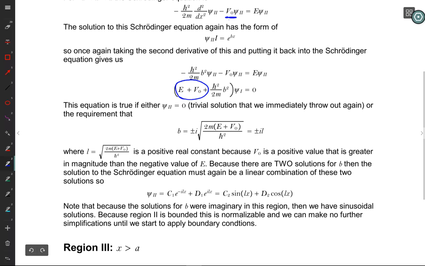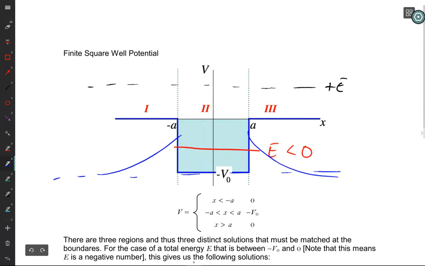This here, V0 was a positive number because I said I'm at energy minus V0. That comes back to, I define this potential as minus V0. So V0 is a positive value and the potential energy V is minus V0. So V0 is a positive number that is bigger in magnitude than the negative E.